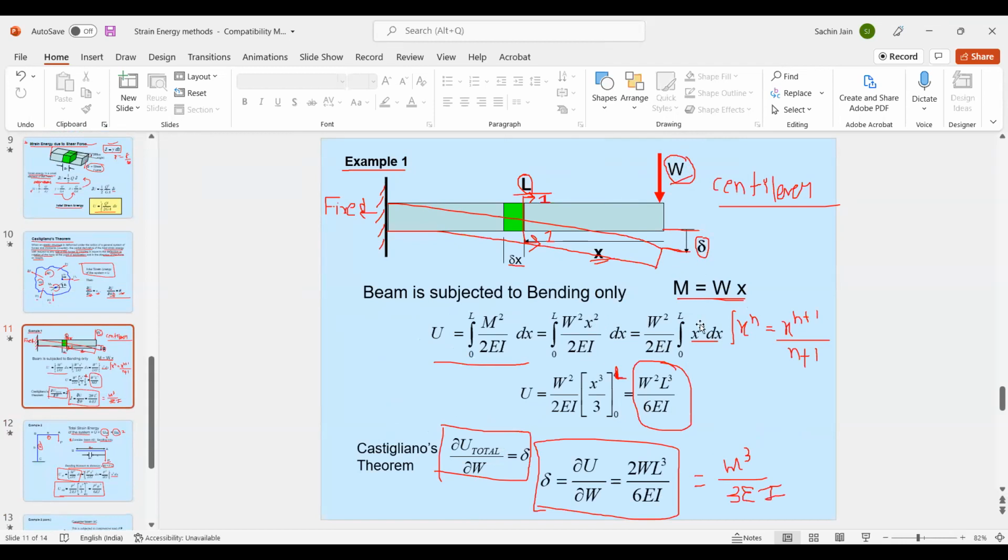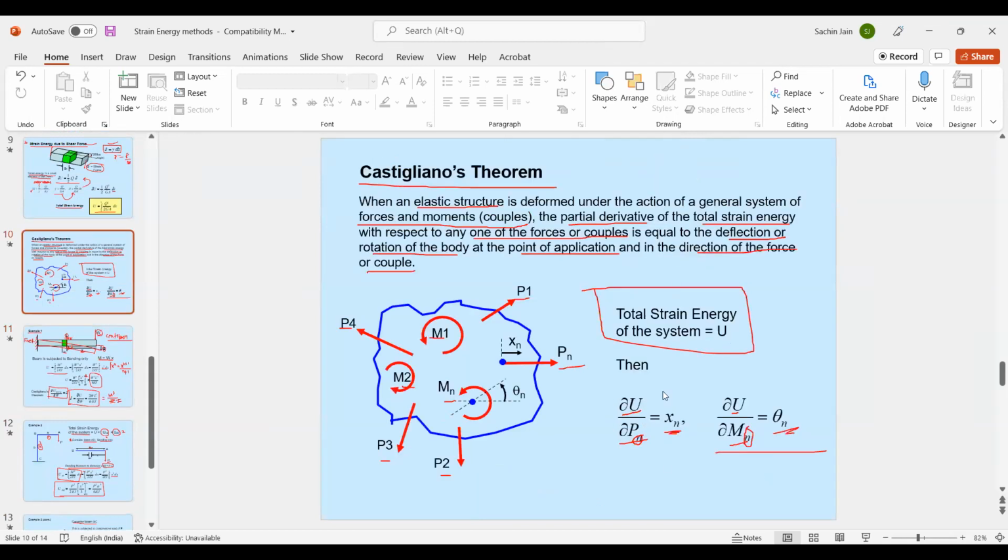So the total strain energy is U and the deflection will be del U by del P.